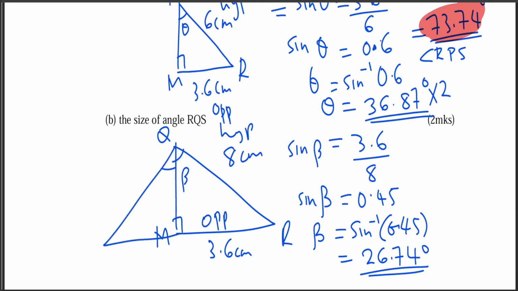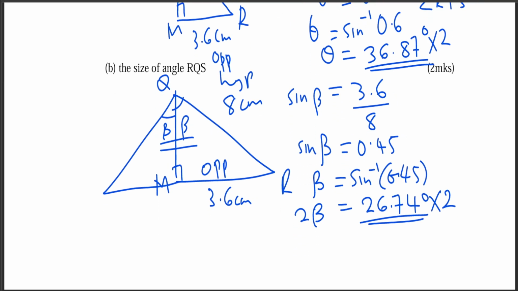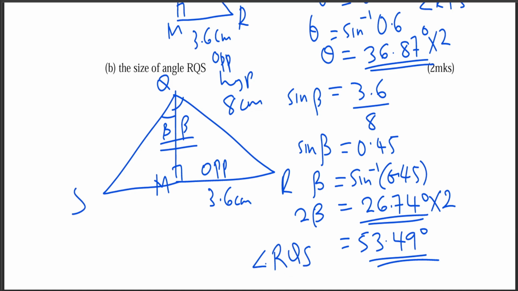Remember there is another beta, and to get both betas, it means your beta, if you want to get 2 beta, you take 26.74 times 2. So if you multiply by 2 you're going to get 53.49 degrees. So that is our final answer. That is RQS. So angle RQS is this one.